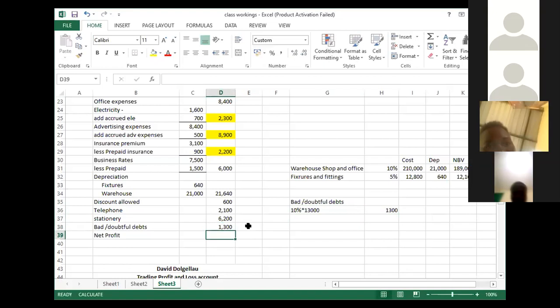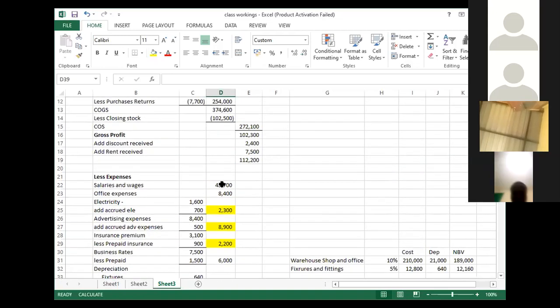Is there any expense that we have not included there? Kindly scan through and tell me whether we have forgotten any other expense. Be fast. We have not forgotten, eh? That should be all.